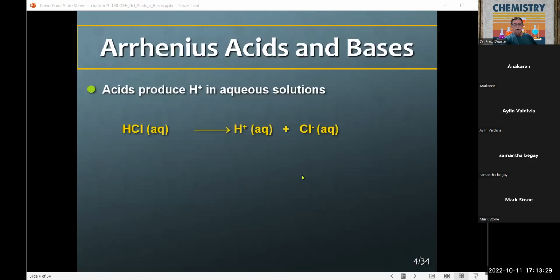Okay. Now, there are two definitions. The first one is called the Arrhenius definition of an acid. Okay. As I stated, here's hydrochloric acid. Okay, it is a covalent compound. It will dissociate into the respective proton and the chloride when it's in solution of water.